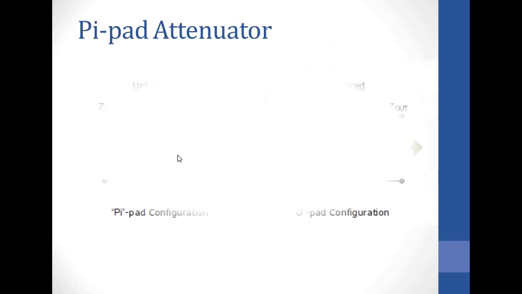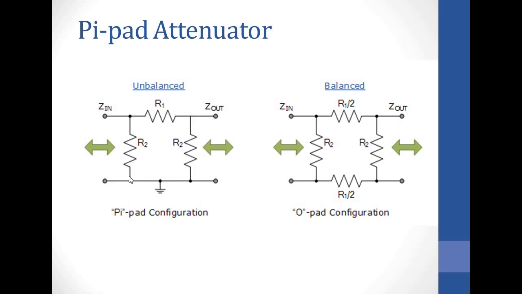Then we've got the pi-type attenuator. The mathematical pi is taken because of the shape of these three resistors. In this one we've got the unbalanced version again. As you can see, in the series arm, only one arm has a resistance, whereas the other arm doesn't have that resistance.